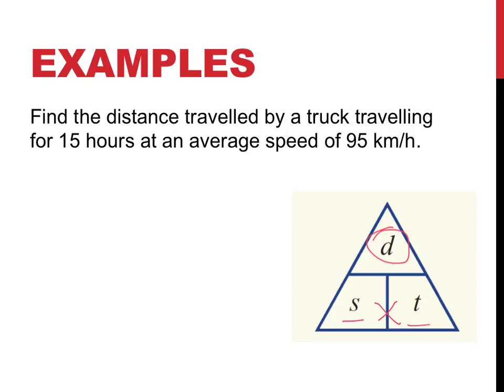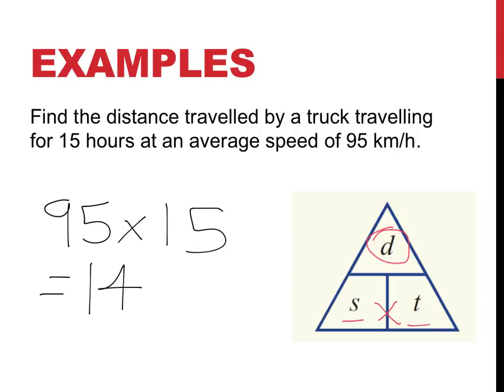It's just the speed, 95 kilometres an hour, times the time it took. How many hours did you travel for? You travelled for 15 hours, so times 15. If I plug 95 times 15 into my calculator, the distance the truck travelled is 1425 kilometres.